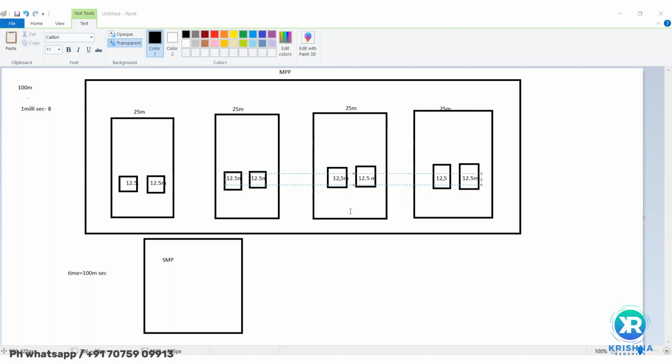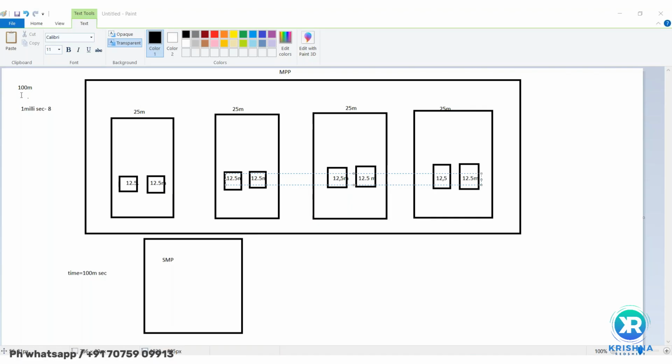You see, one time 8 records will go. In the second millisecond 8 records will go. In the third millisecond 8 records will go. Like that, 12.5 million milliseconds it will take. Understood?